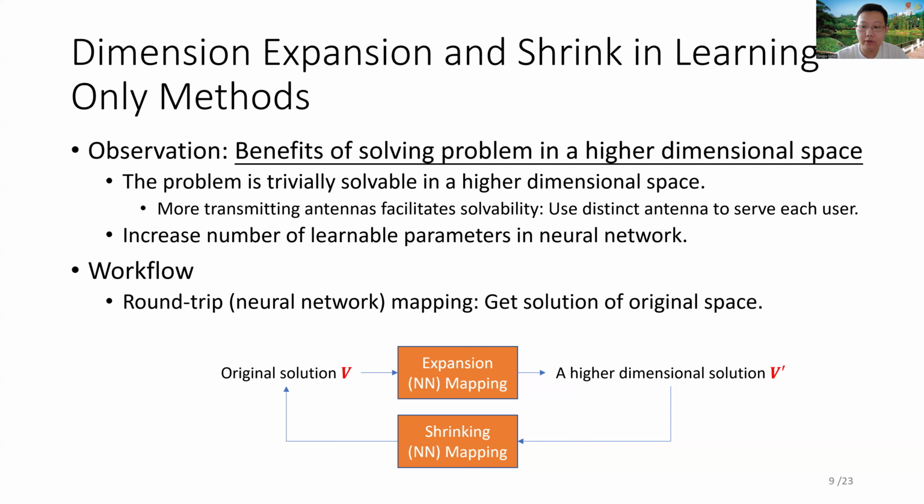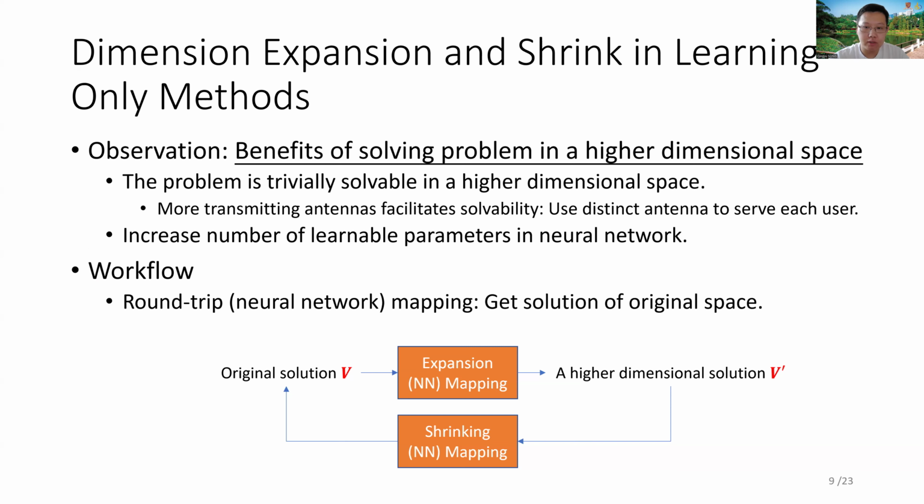The physical explanation is that if we have enough transmitting antennas, we can use a single antenna to serve each user, which is interference-free. And the second reason is that we can increase the dimensionality of precoding V if we have more learnable parameters. This is beneficial in terms of machine learning theory.